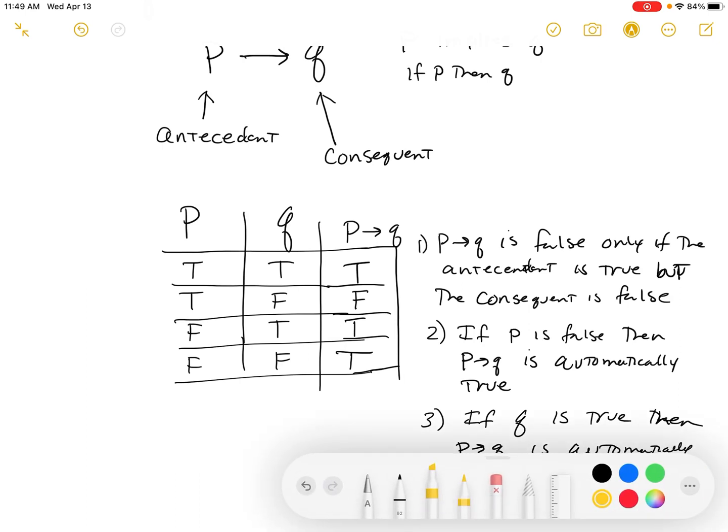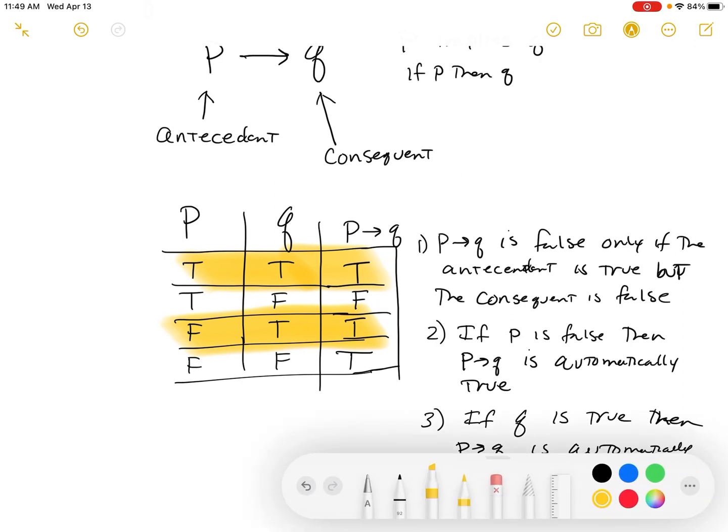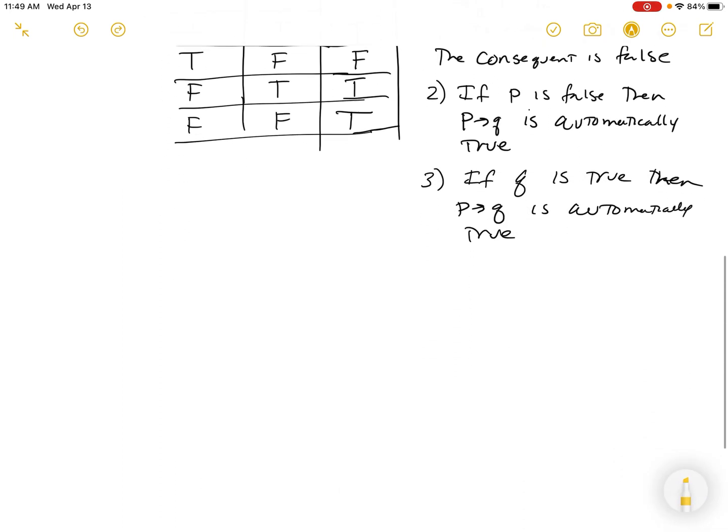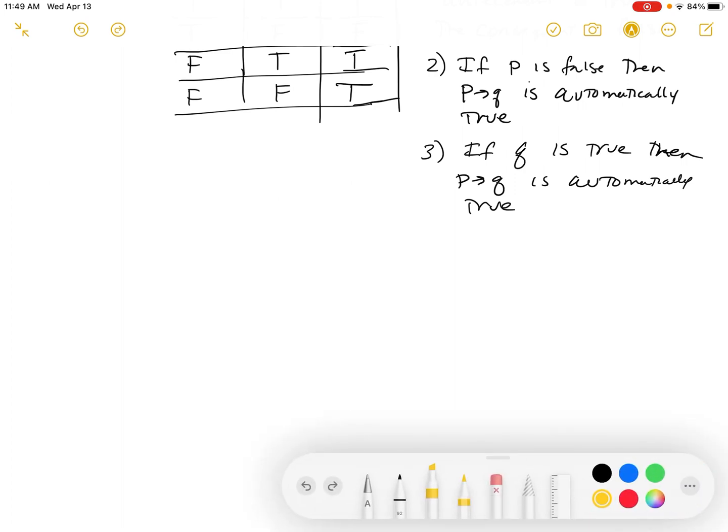So anytime your Q is true, your consequent is true, you have a true statement overall because you've met that condition that's listed second. So pretty awesome, and we'll use those to evaluate things.